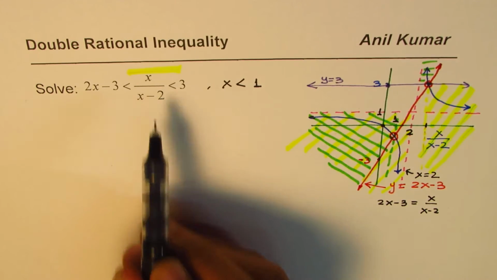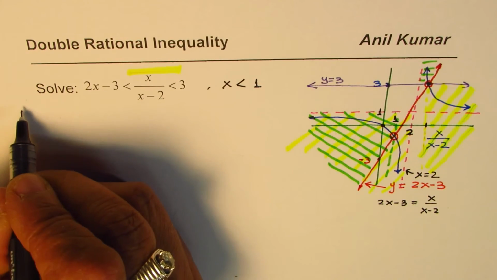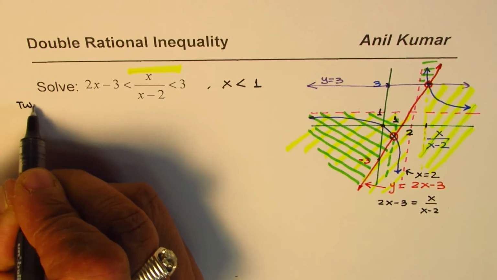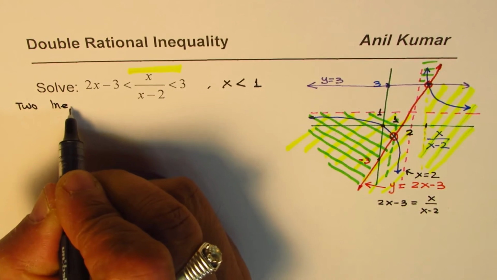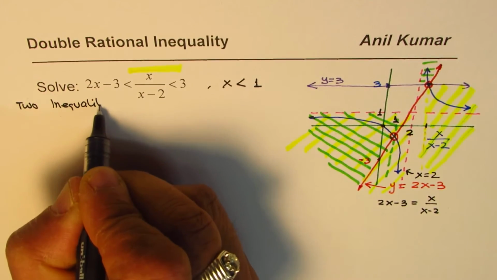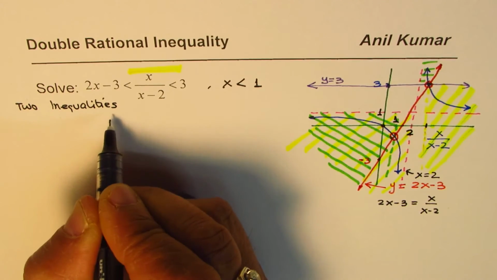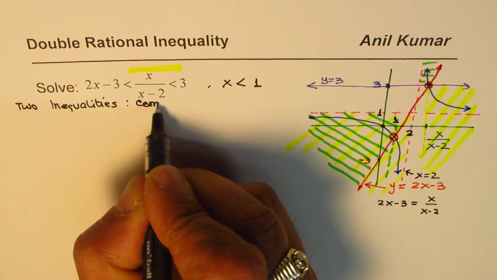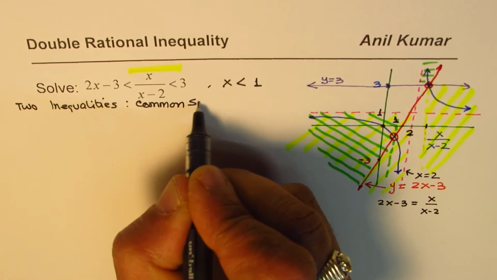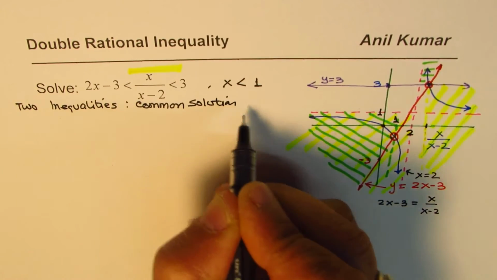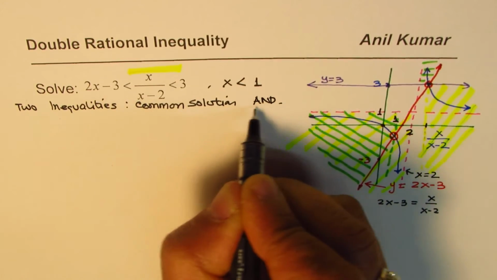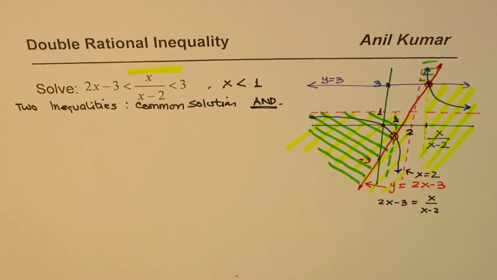So that's not possible. So we'll solve two inequalities. That is the concept: two inequalities and a common solution, that means with an AND condition.